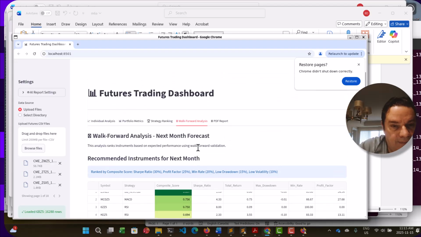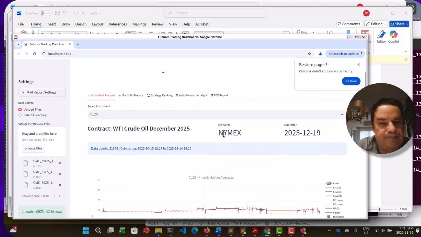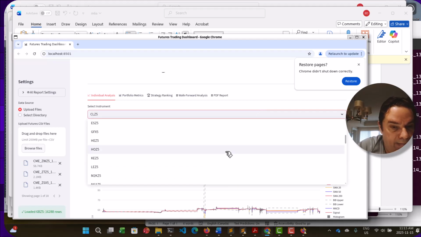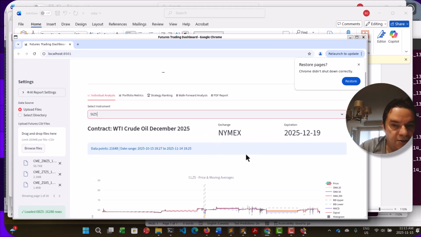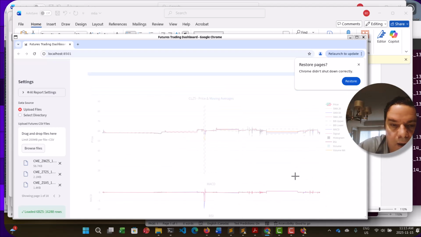If we can find something like silver or gold. I know with silver, let's see here. I don't see gold. There's some silver here, so maybe this is better. So let's let that run.